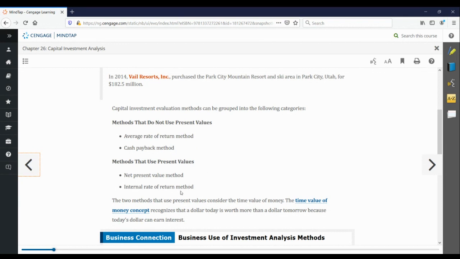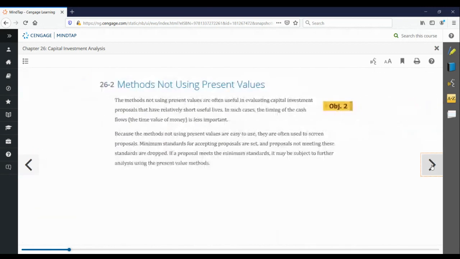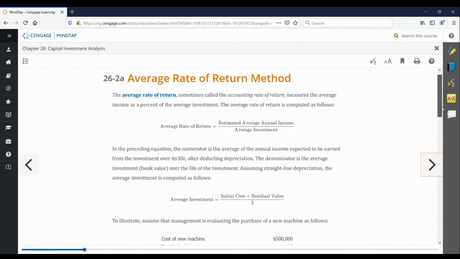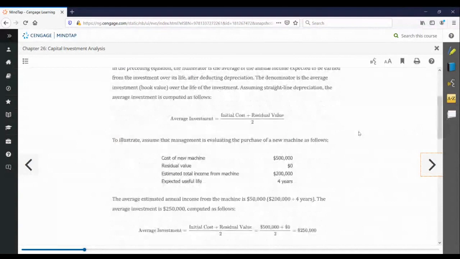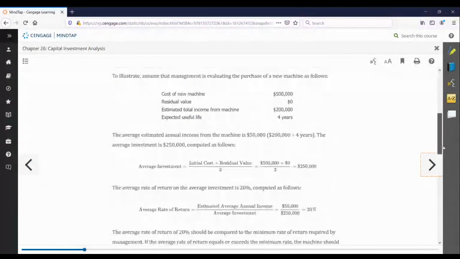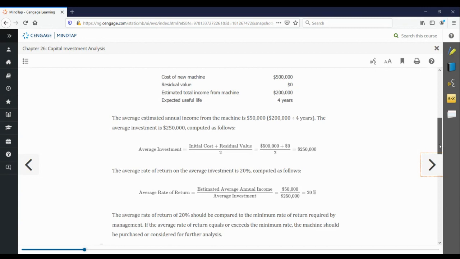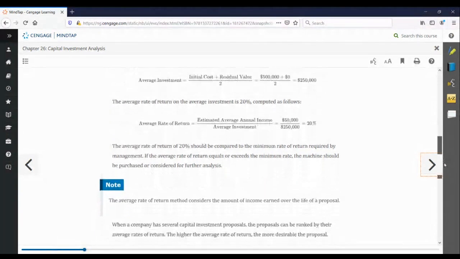So we're using all of these methods to help us to evaluate potential purchases of assets. So in this first asset that we looked at for our machinery, we can see that we're getting a 20% return on our investment. And we should compare that to the minimum rate of return that is required by management to see if it meets our standard.